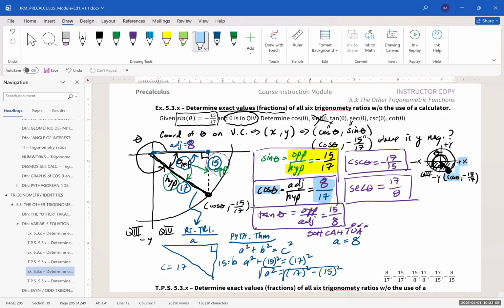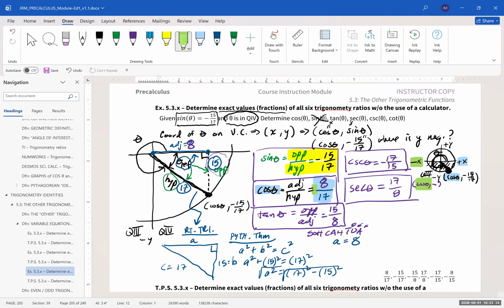So cosine theta would be positive. If our angle had been in quadrant 3, then cosine theta would have been a negative value, a negative number. So, I put a positive here, which is correct.